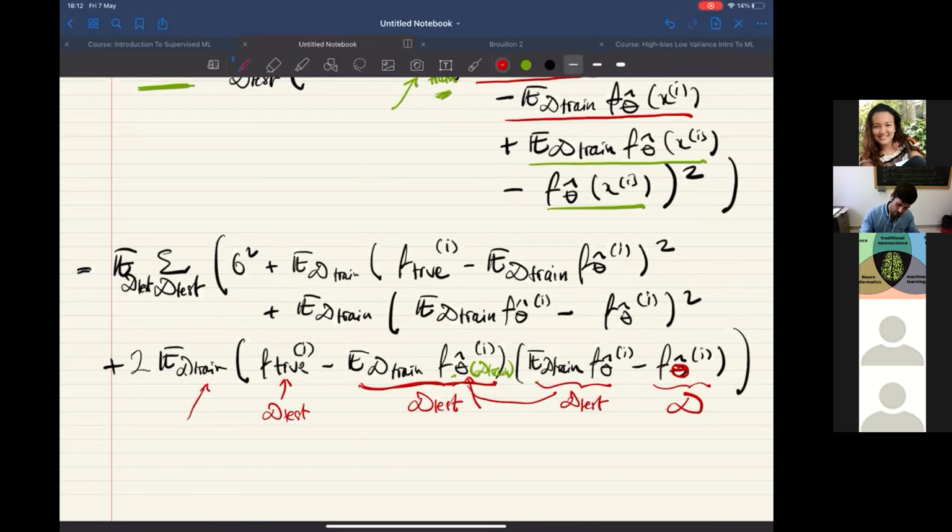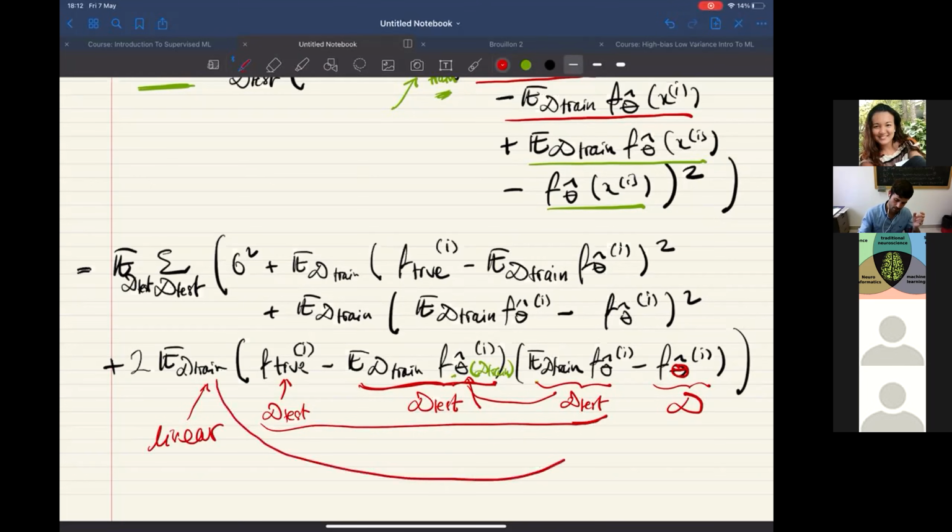But you see, because these three terms do not depend on the training data, by linearity of the expectation, this is a linear operation, I can put this expectation here, okay?